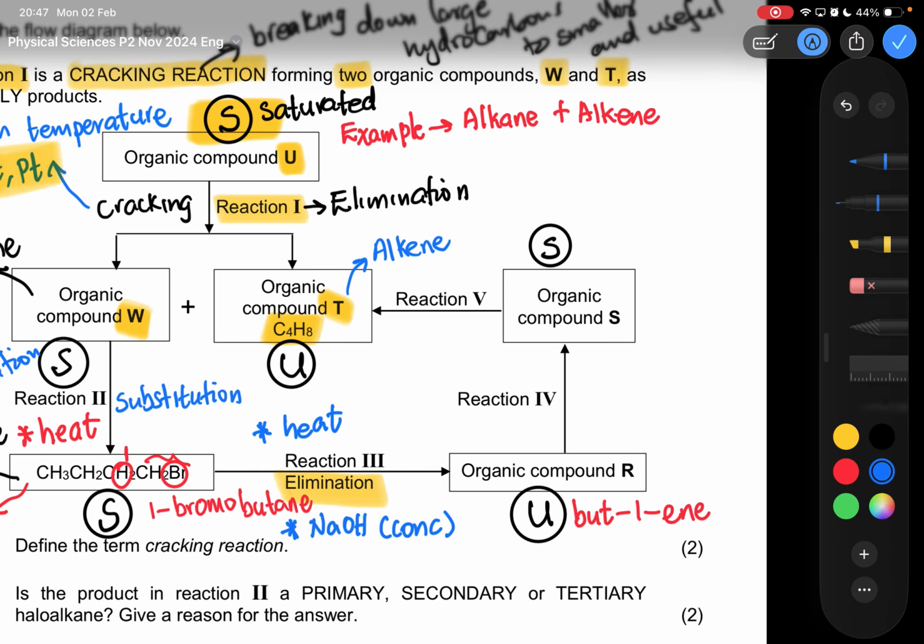Then let's look at this one. Unsaturated to saturated. This makes this an addition reaction. Just that I don't know what type of addition reaction it is, because I don't know what was added or what was removed. But maybe as we read the questions, we'll have an idea what is happening.